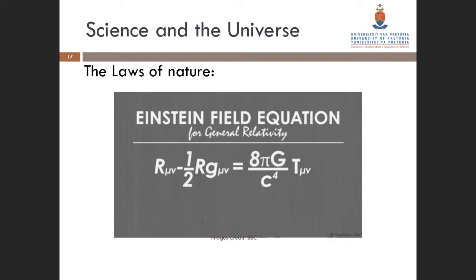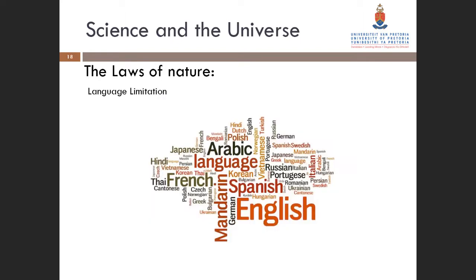What we can observe, we can come down to language limitations. So if we observe something in the universe, something in nature, and want to have a law of nature, how can we explain it to someone? How can we encapsulate it in a definition?